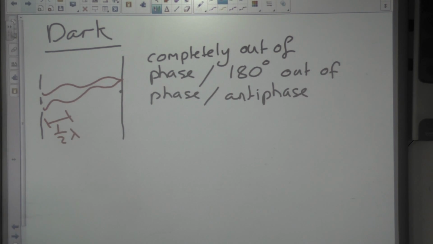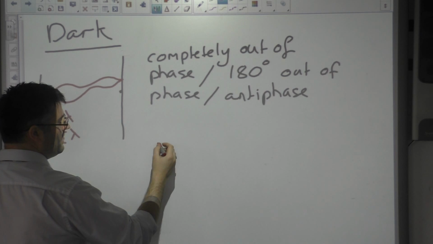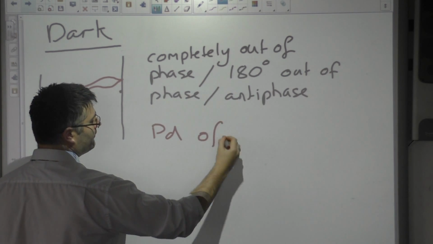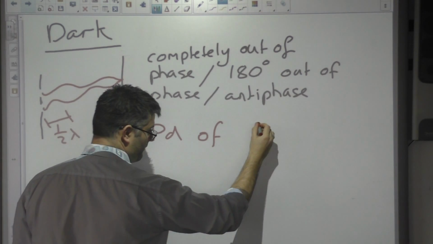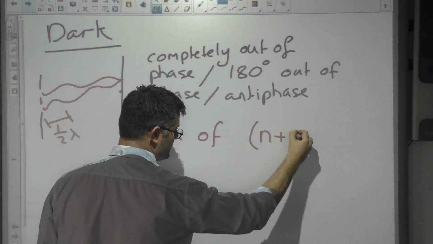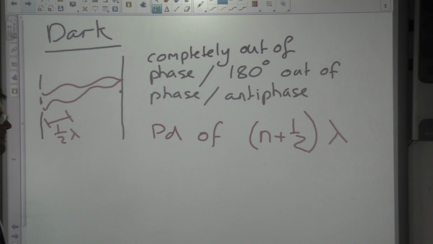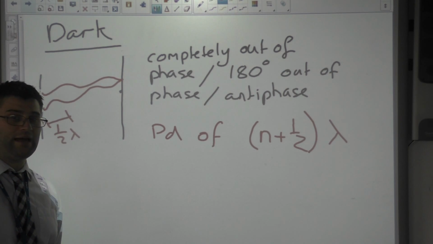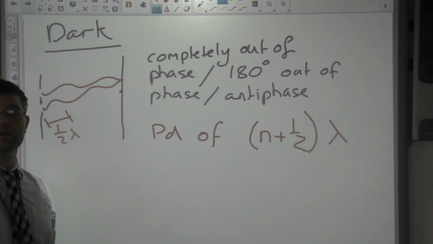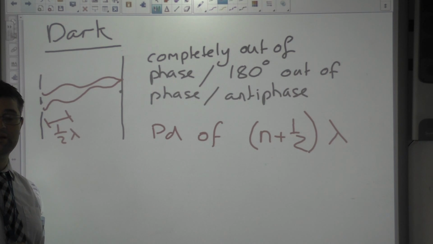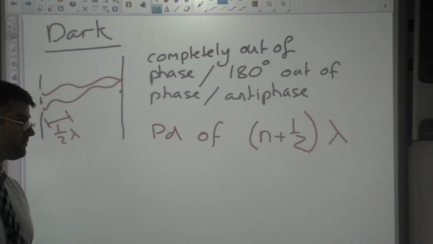Now, how do we state this? Well, that means it needs to be an integer though. So we can write this out, that has a path difference of n plus a half lambda. So n plus a half lambda will be the path difference for any dark spot on the screen.